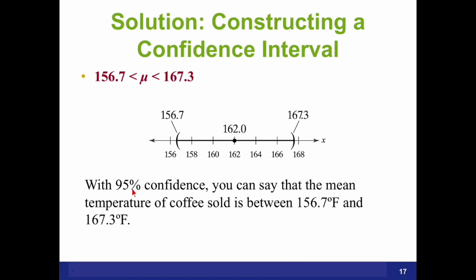Remember what 95% confidence means: if we repeat this process several times and produce a family of intervals, then 95% of those intervals will contain the population mean.